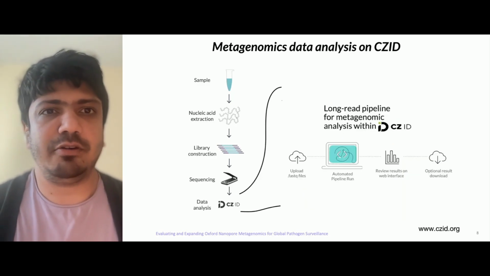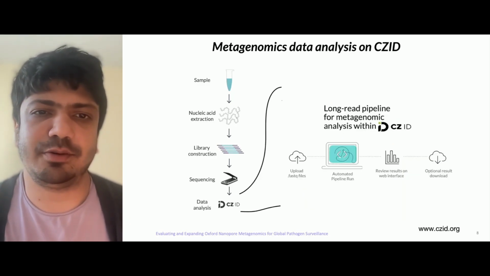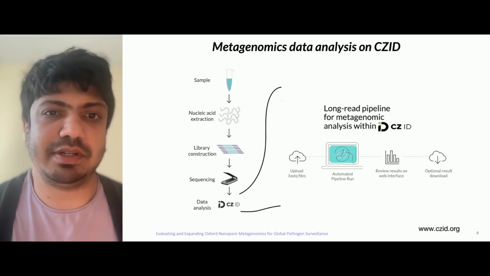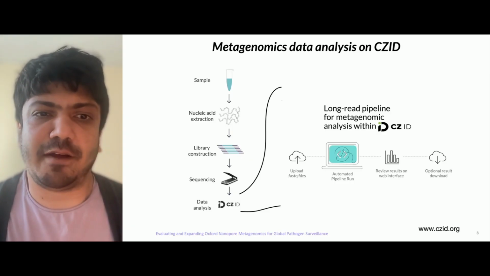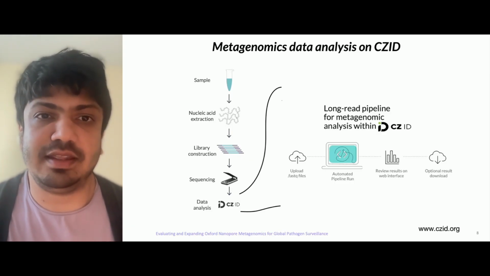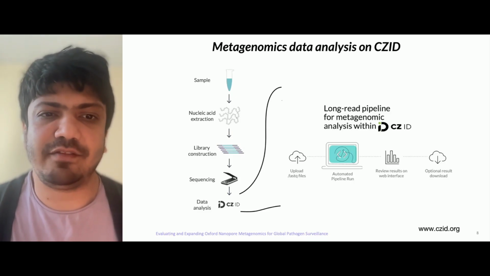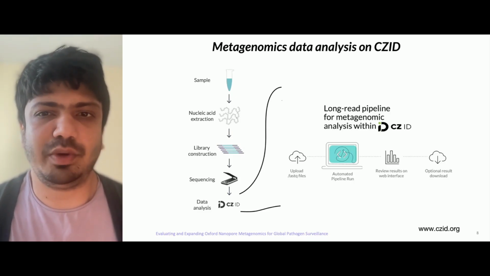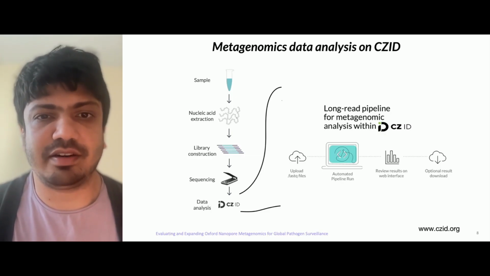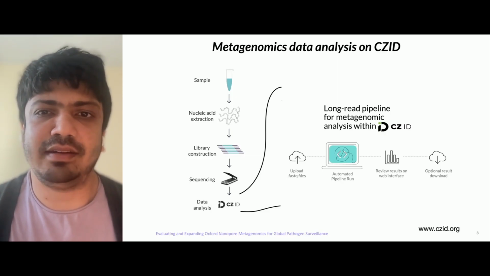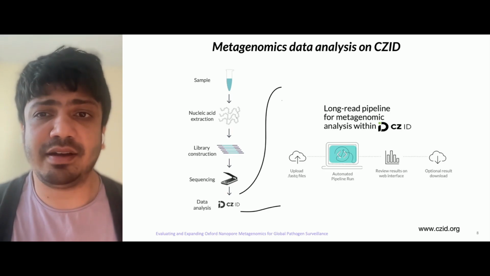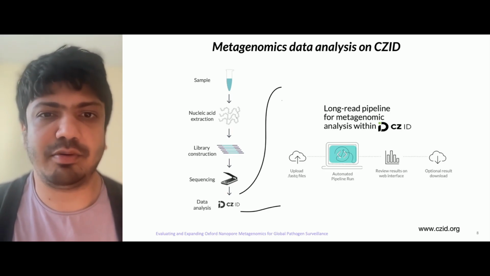Another thing I wanted to note is the data analysis. Generally with metagenomic sequencing, a lot of data is generated, and the analysis can be fairly complicated. We use a platform called CZID, which we helped develop in collaboration with the Chan Zuckerberg Initiative, and it's an online platform that does not require any coding.